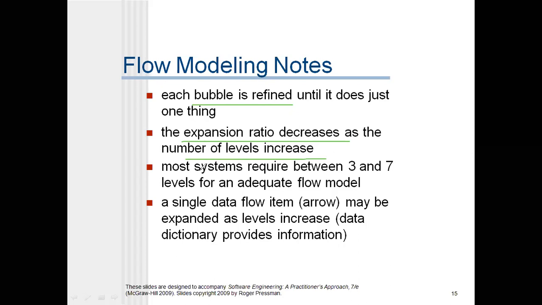Most systems require between 3 and 7 levels. So most of the big systems may require level 3 to level 7. Till now we have seen only the 0th level, level 1, and level 2. But you may have third level, fourth level, fifth level, sixth level, seventh level, like that.